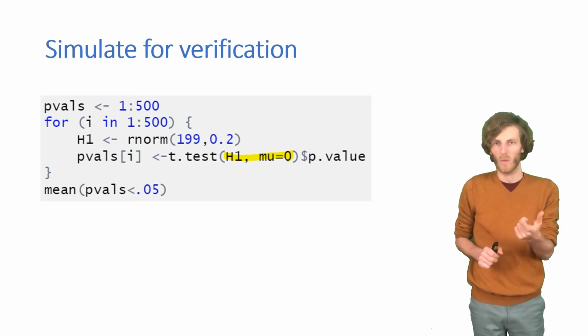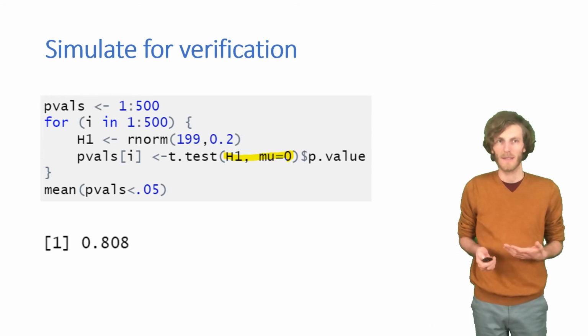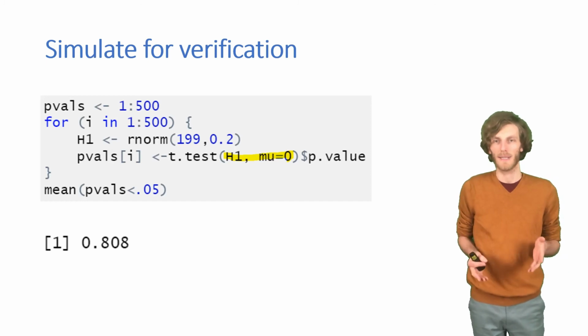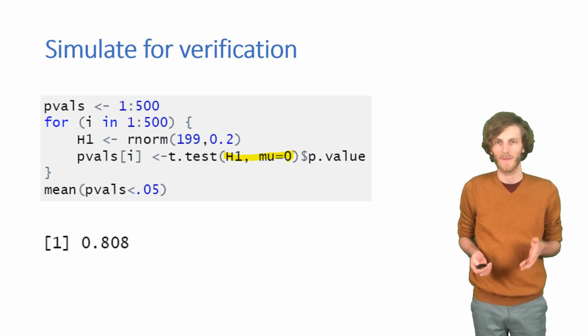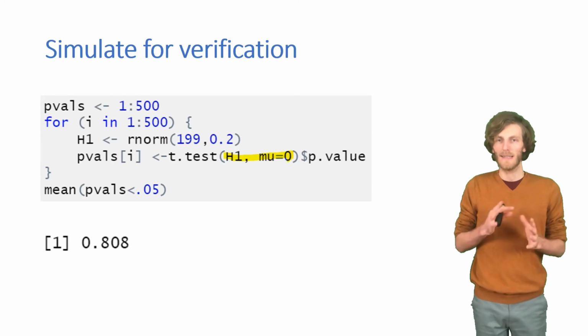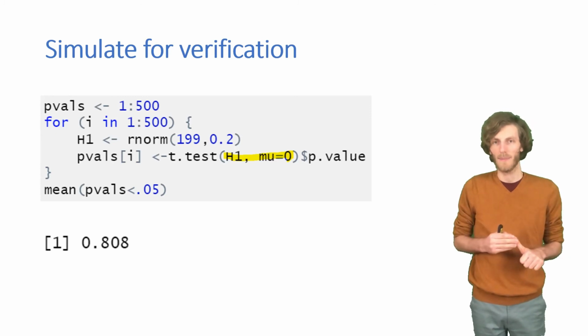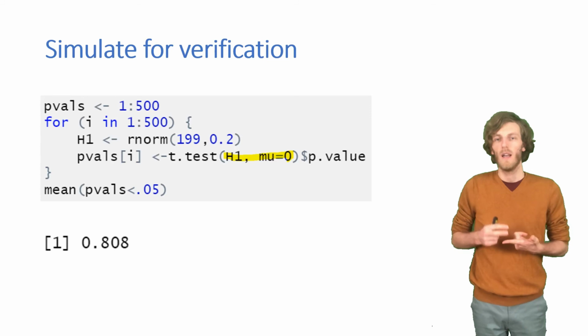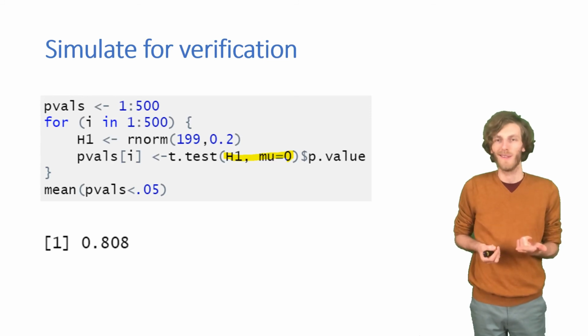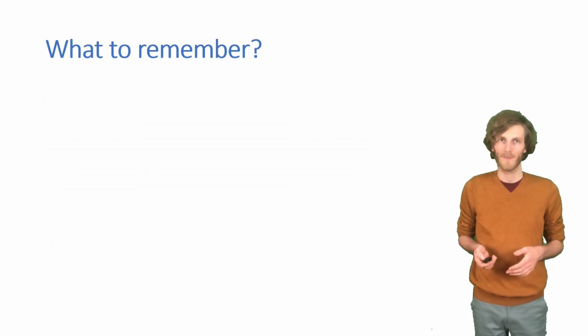So I'm running this one sample t-test, getting the p-values, and again this confirms that we are at about 80% power. So this is an example for how to calculate power and also for how powerful repeated measures designs can be. If they work, you need many, many fewer participants.